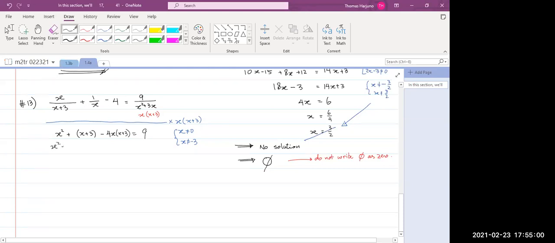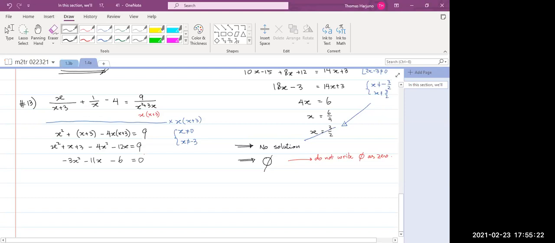Distribute, combine like terms. Negative 3x squared minus 11x minus 6 equals 0.